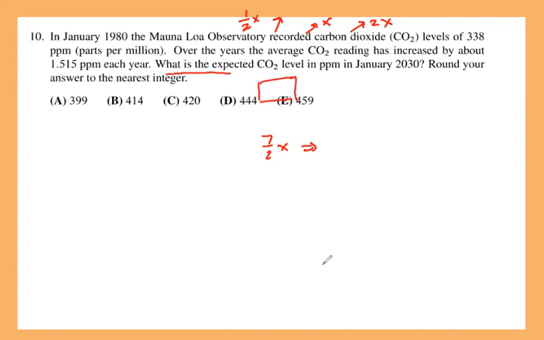So number 10. In January 1980, the CO2 level was 338 ppm, and over the years, this has increased by 1.515 ppm per year, parts per million, whatever.